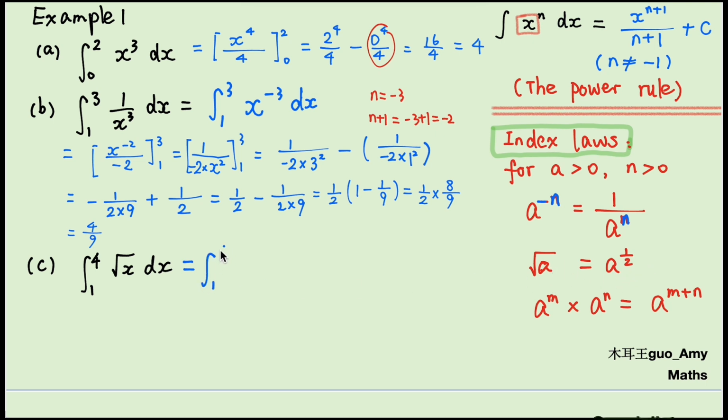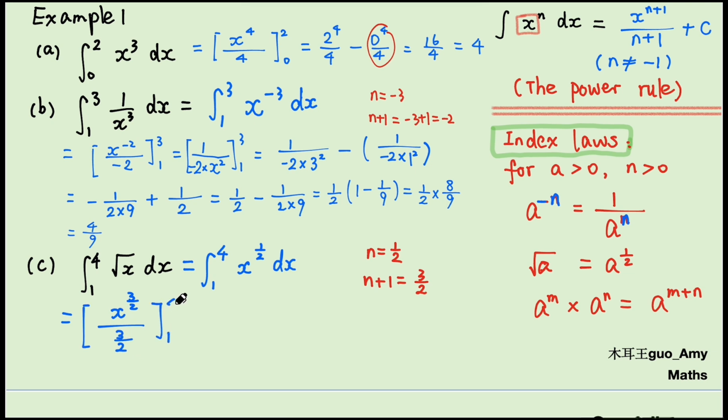Therefore, the definite integral can be rewritten as x to the power a half dx. By comparing with the power rule, we know n is equal to a half. Now when we integrate, the new power will be n plus 1. Then we will have the result x to the power 3 over 2, over 3 over 2.